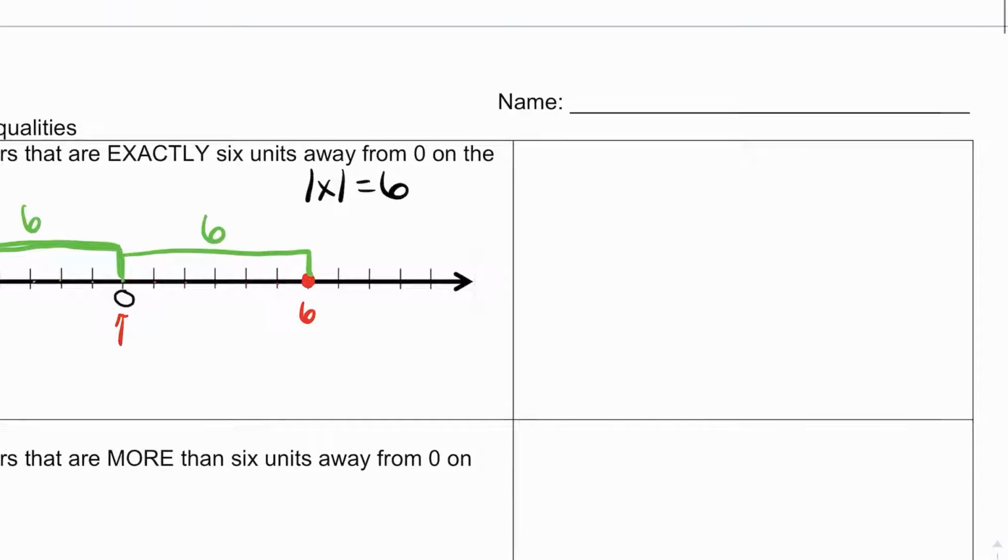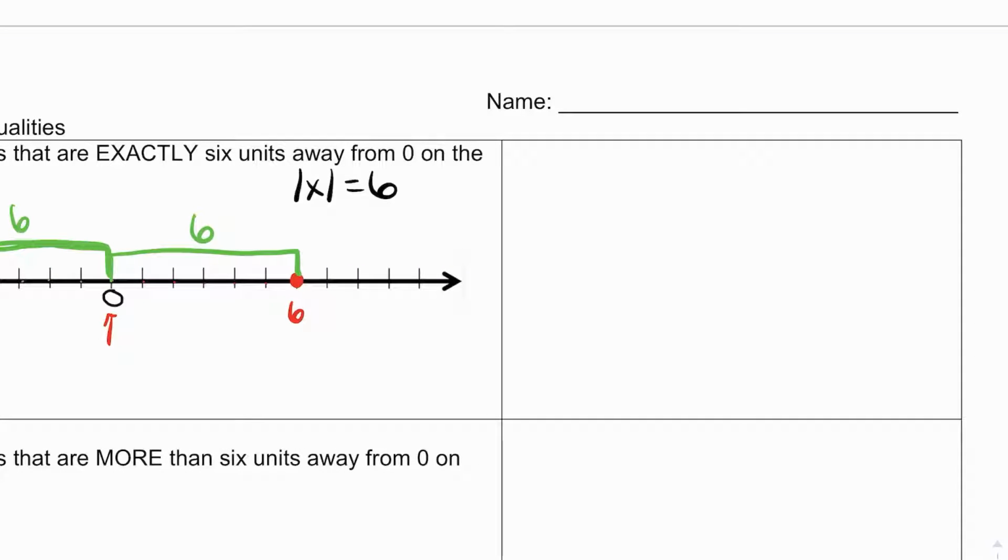So over here, what we're going to just remind ourselves is if we have anything that looks like this, so it could be x minus anything inside the absolute value is equal to a number. The way that we'd think about this: whenever we see an equal sign, we replace that absolute value with the word distance.